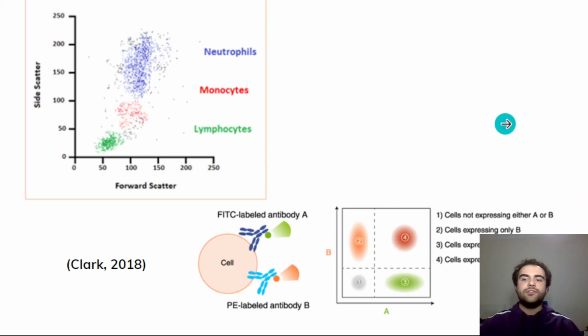This combination of light scatter and fluorescence signals gives us information about the cells, I mean the side scatter and forward scatter. These are again simple examples to understand the results. Here there are three different types of cells that accumulated in different areas, as you can see.